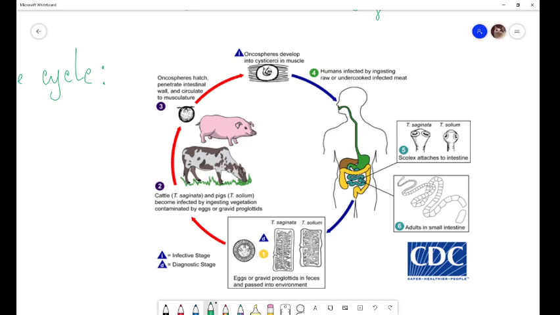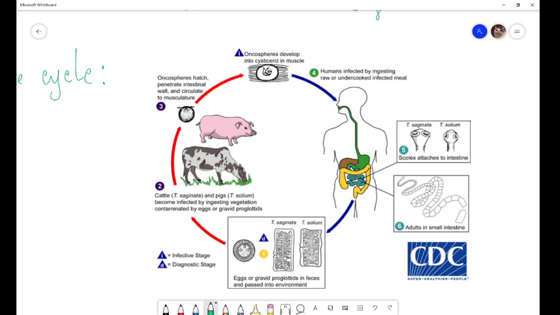Eggs of gravid proglottids are passed with feces. The eggs are the first stage of the life cycle, and in other worms we will start from eggs. The eggs can survive for days to months in the environment.